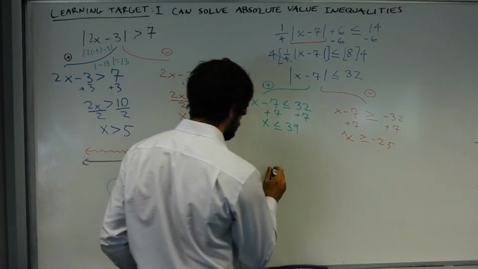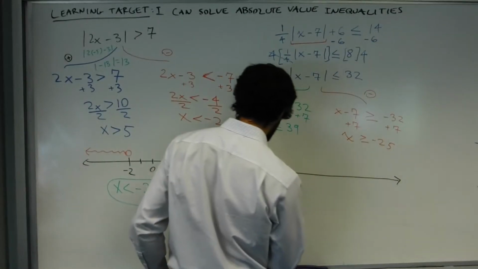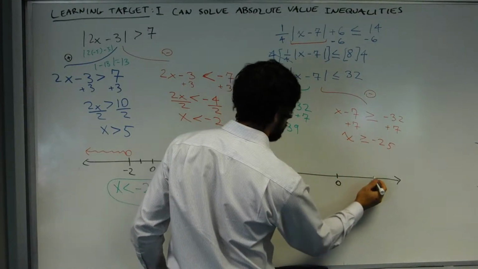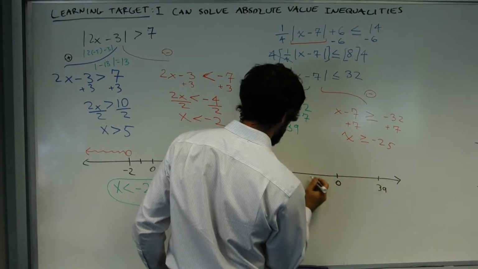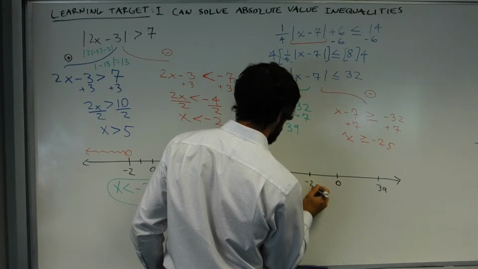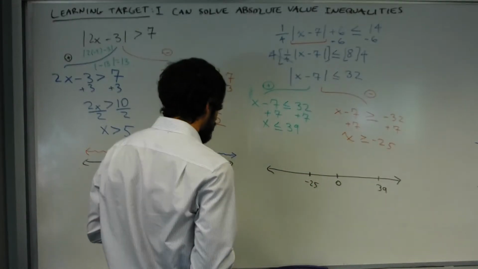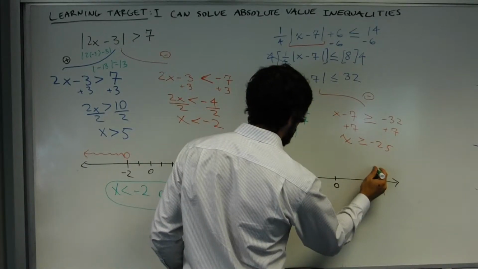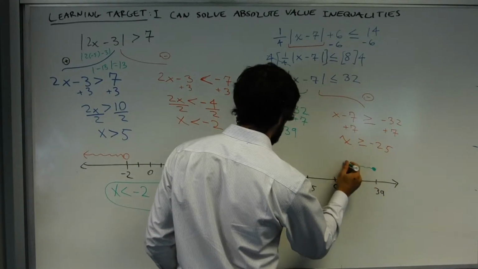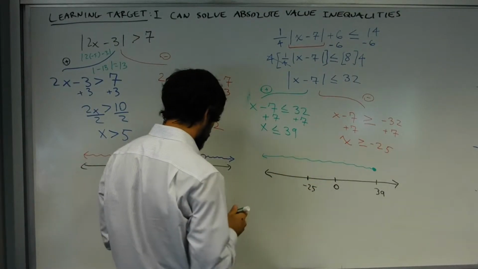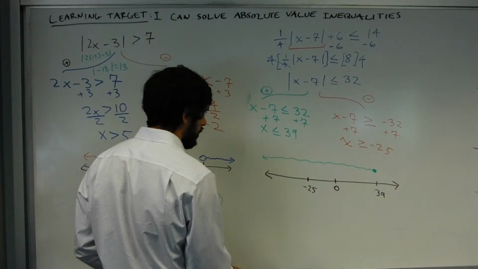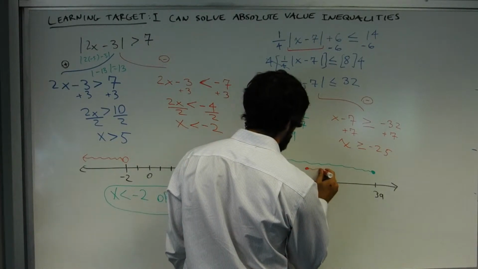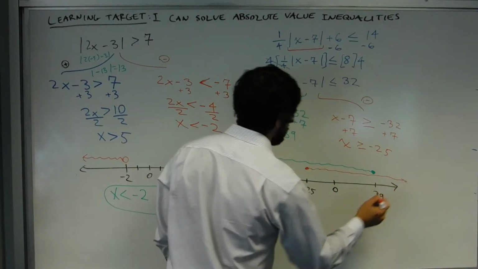Now we have a number line, 0 here, 39 over here, negative 25 over there. Let's graph each of these. We have x is less than or equal to 39, so I have a solid dot going that way. And we have x is greater than or equal to negative 25, which is going to go that way.